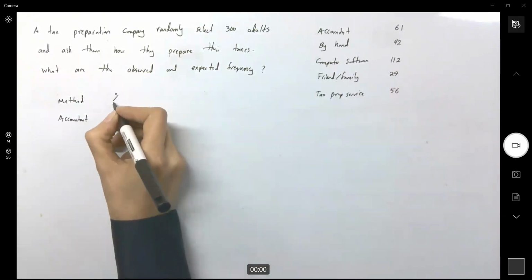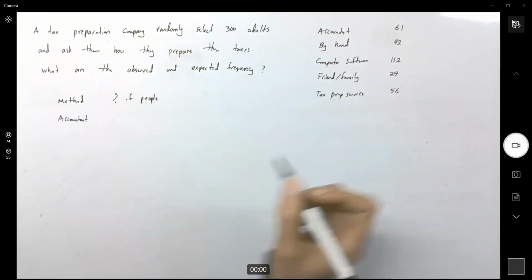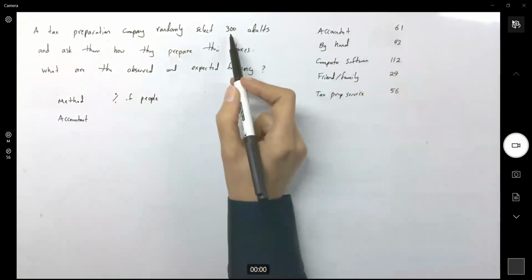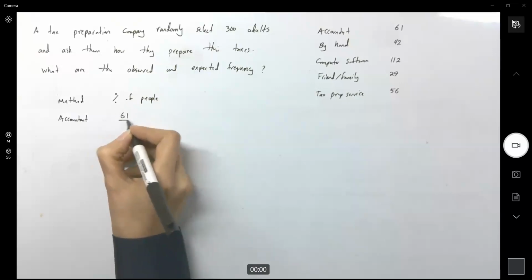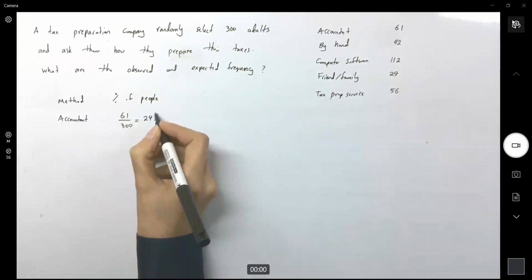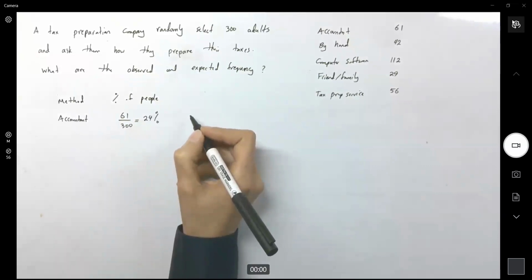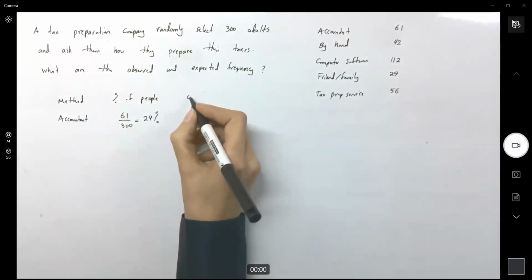So 61 out of 300, which is 24%. The next column that we need is observed frequency, which is 61.